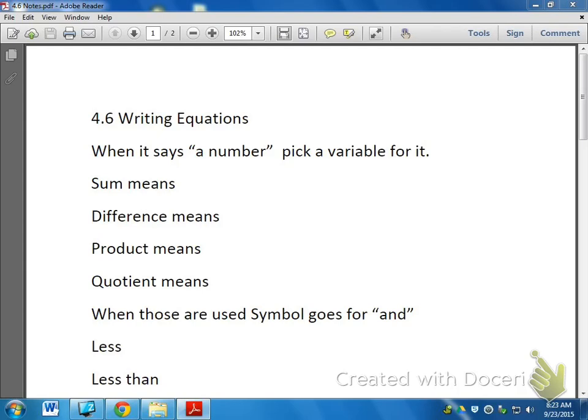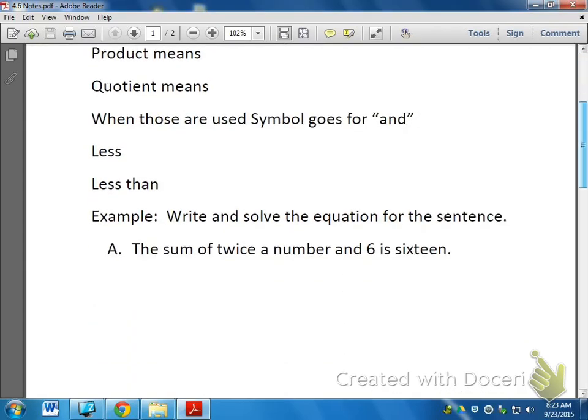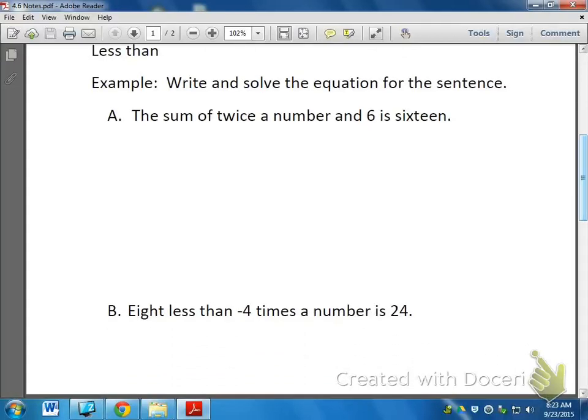So now we're going to try some where we take the sentence and we have to write and solve the equation for the sentence. So let's see what happens. The sum, so let's highlight the important words. The sum is important, twice a number, and 6.